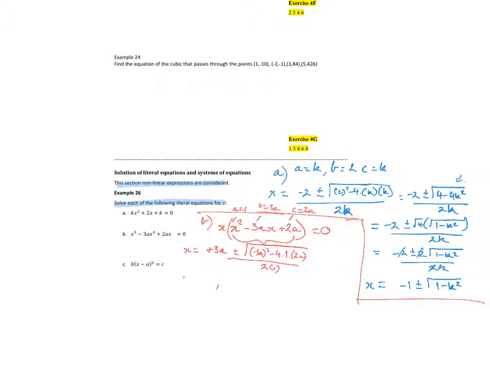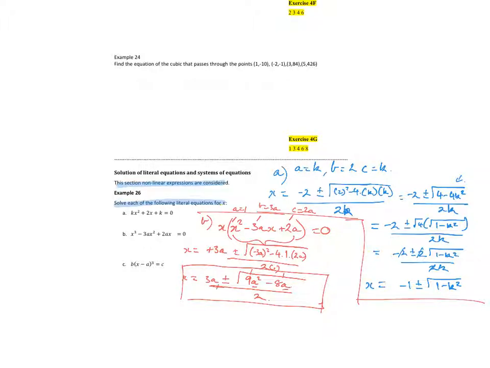That means that x will equal 3a plus or minus the square root of, what's that, 9a squared minus 8a over 2. Now we're not going to be able to do a real lot here. Sort of the a squared and the a, you could take 8 as a factor, but it's going to give a square root sign. 9 and 8, nothing there we can really simplify with. So that might be our final solution. x is just equal to that.